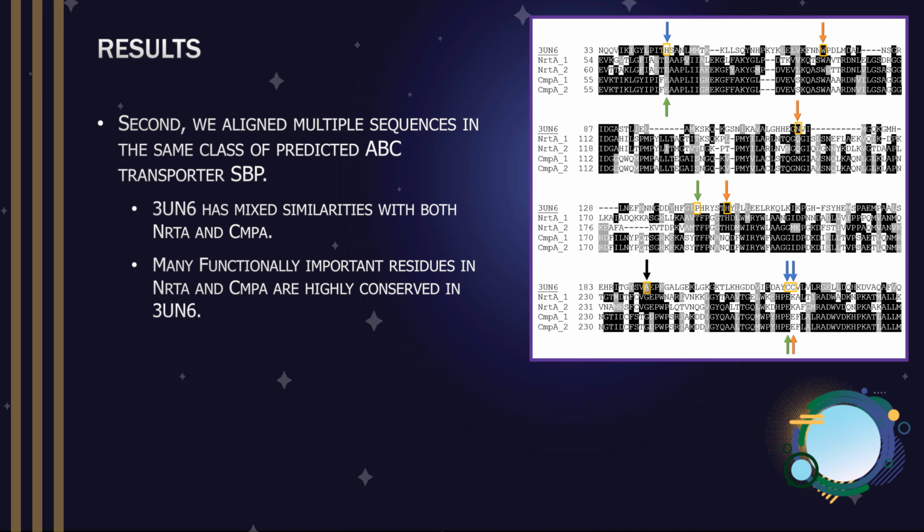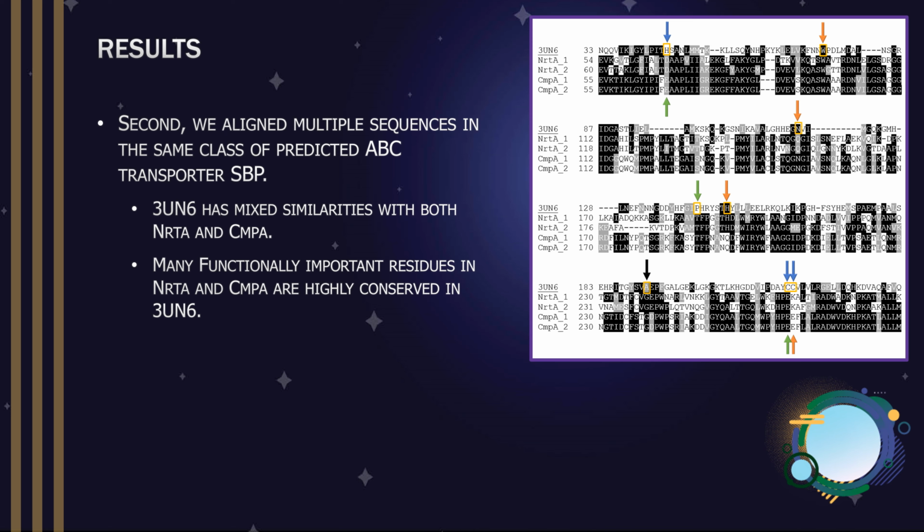So here are our results from the second assessment. We aligned multiple sequences with the same class of predicted ABC transporter as 3UN6. NRTAs are nitrate binding ABC transporters, and CMPAs are bicarbonate. And we actually got some mixed similarities with both.